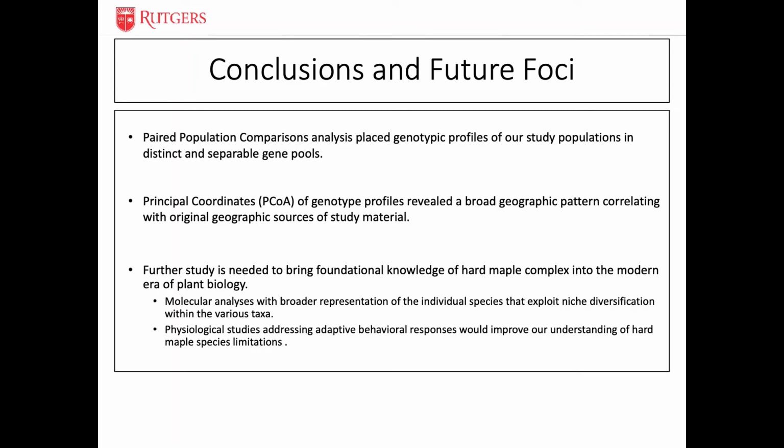Molecular studies with increased representation of the variation that exists within individual hard maple species and physiological studies that track adaptive behavioral responses are needed in the immediate future to lay the necessary groundwork for bringing the hard maple species into the modern era of plant science.